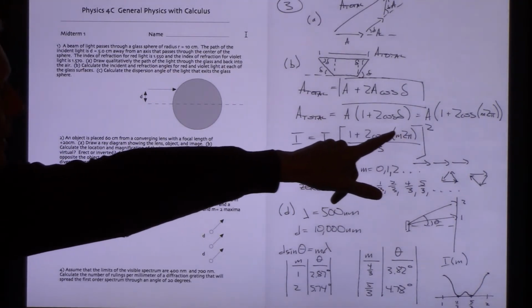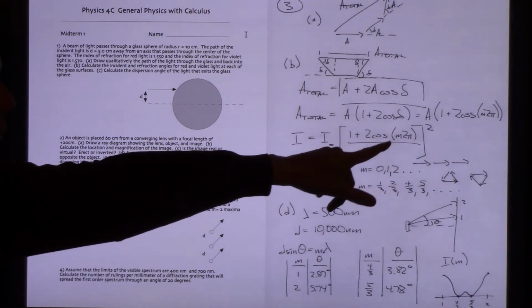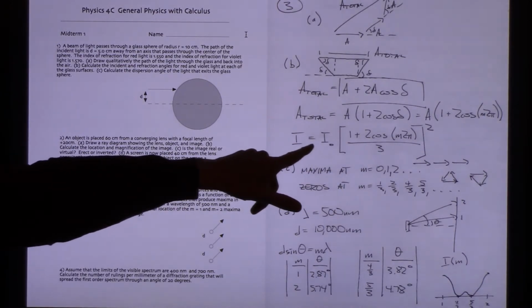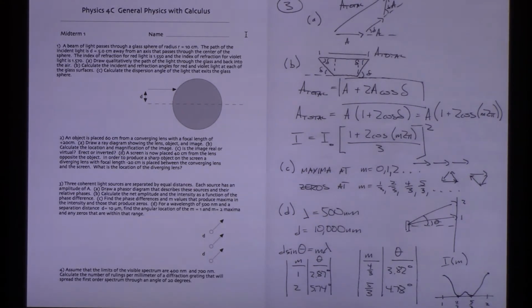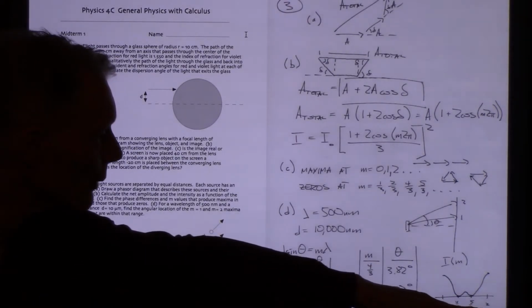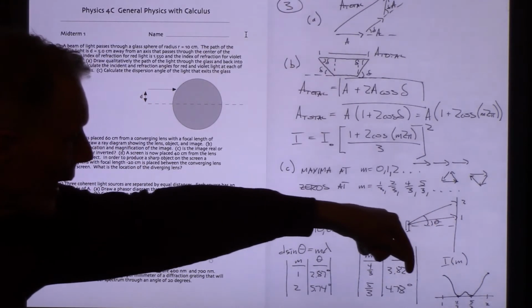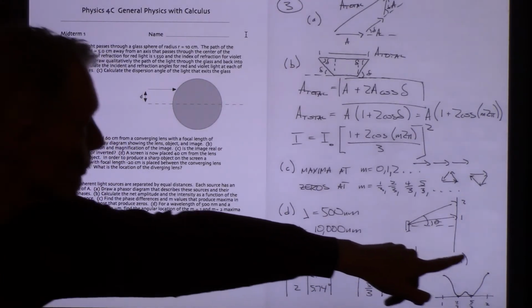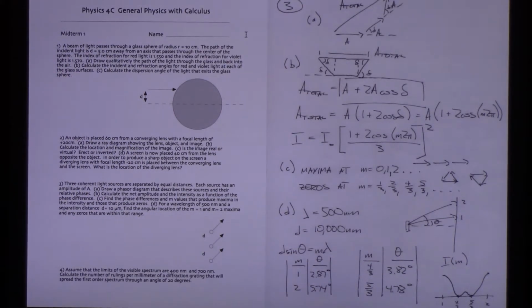And so what I did was I looked at what's the largest value I could have in the numerator, and then I divided by that number so that the intensity never gets larger than I naught. That way, when I get down to my final graph here, the I naught value is the one that appears at these integers.